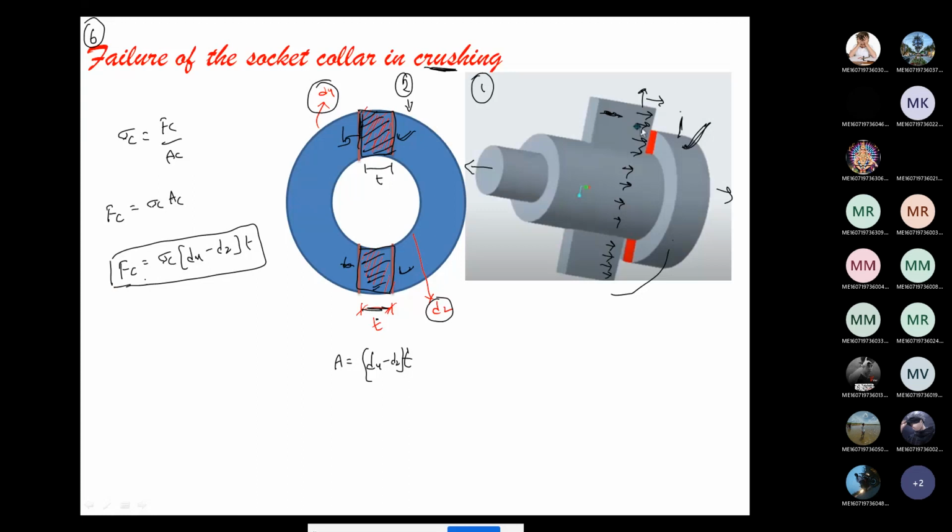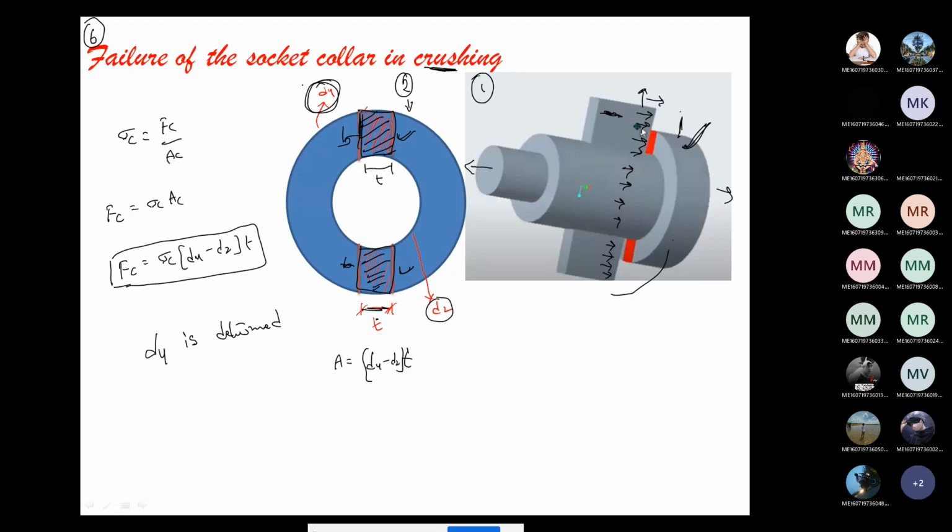Crushing resistance for the socket collar, right? Now with this equation, I'm going to calculate D4. D4 is determined. What is D4? D4 is the diameter of the socket collar. Are you getting it?